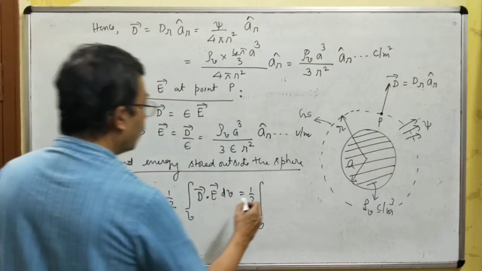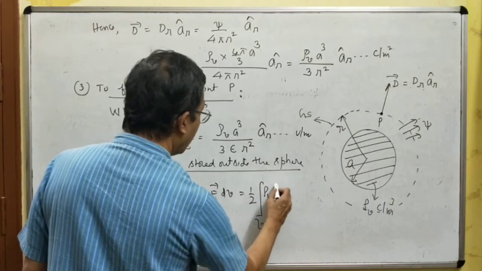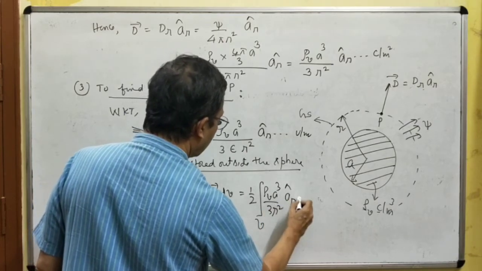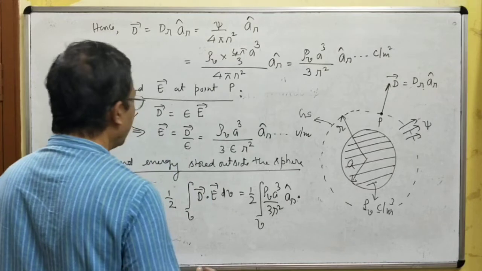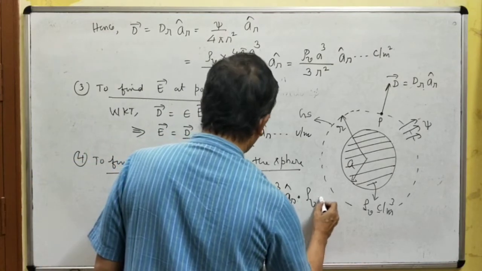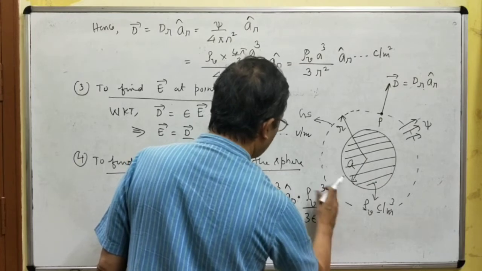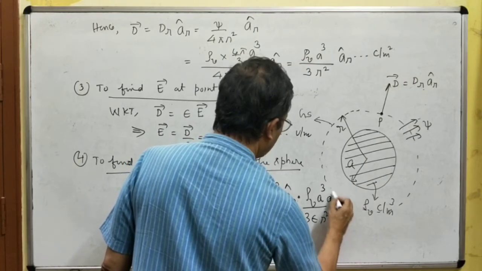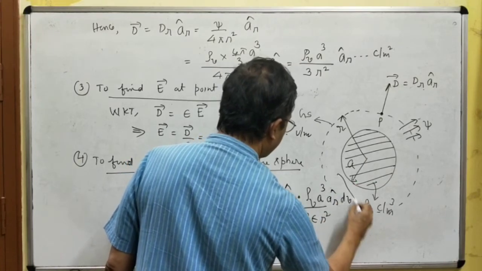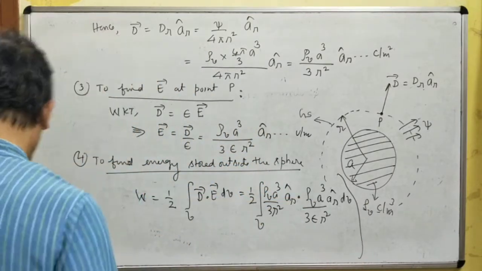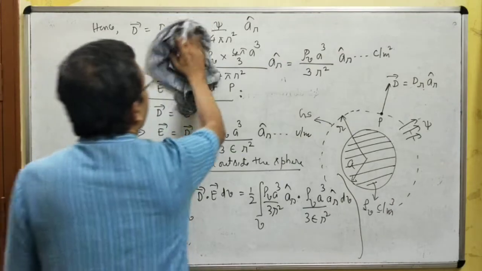Vector D is rho v into a cube by 3 r square a_r cap, dot, what is vector E? Rho v into a cube divided by 3 epsilon r square a_r cap dV. a_r cap dot a_r cap is what? 1.